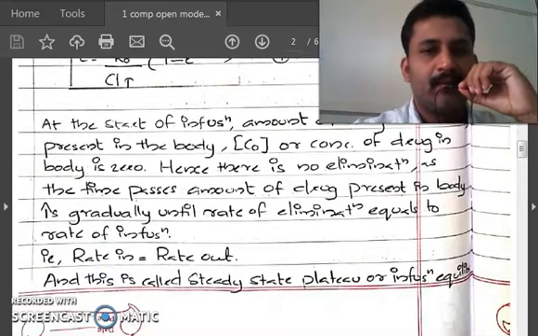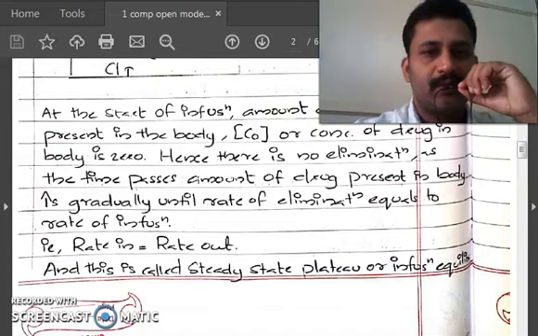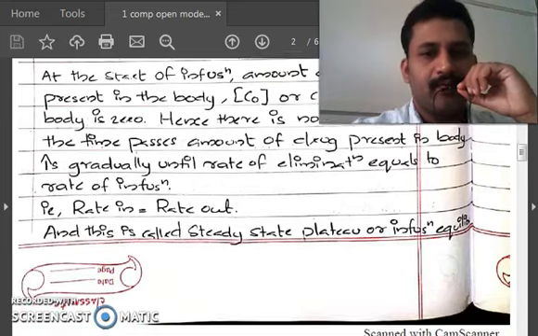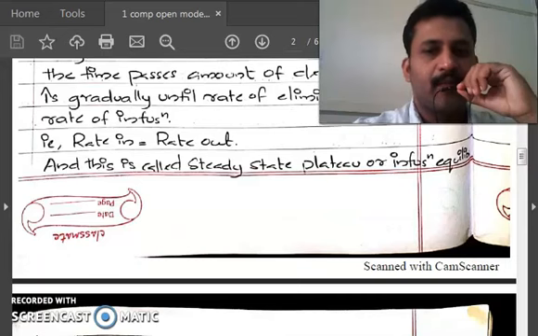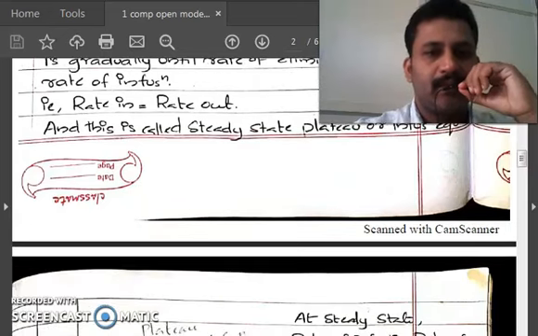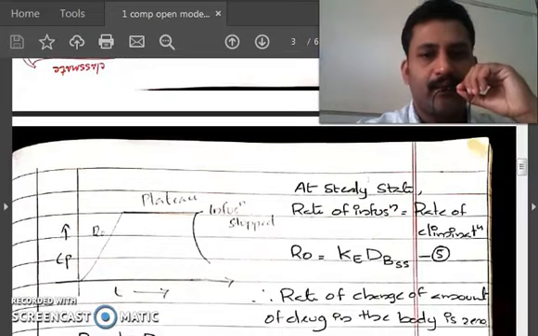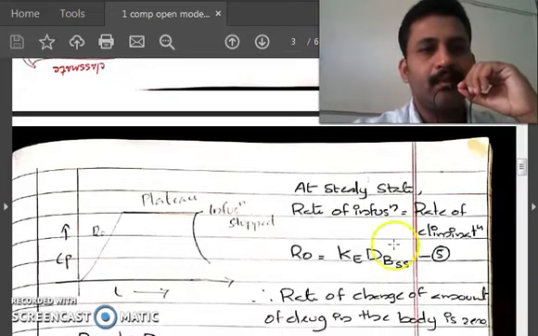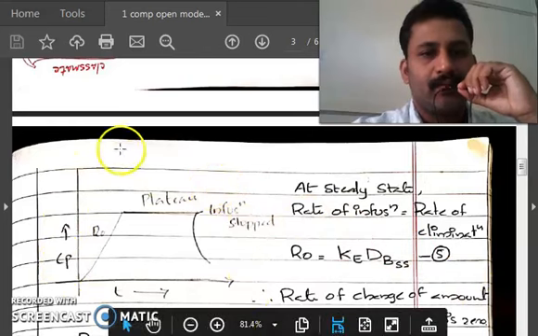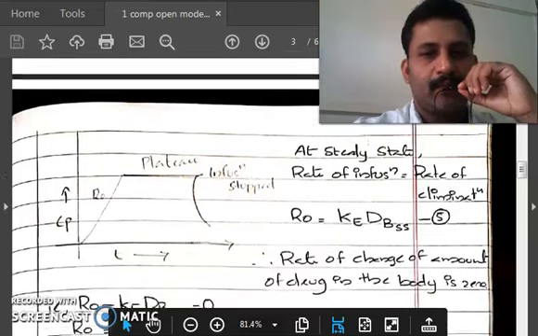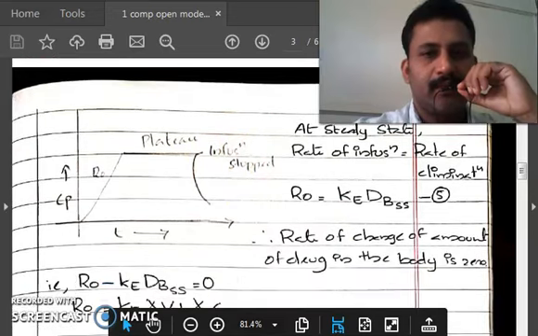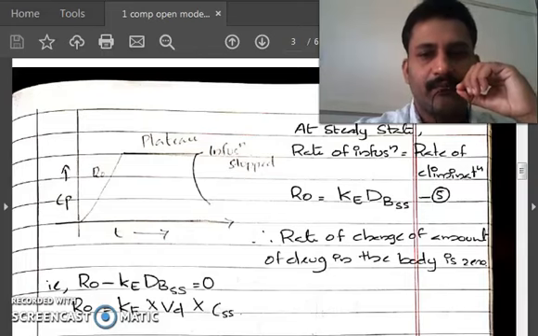Then we have explained that at the start of infusion the drug concentration will be 0, and as time passes, the amount of drug present in the body increases until the rate of elimination equals the rate in, that is the rate of absorption. That is, at steady state we have rate in equal to rate out. Then we derived an equation, and the graph is also plotted. We explained that at steady state, the rate of infusion is equal to the rate of elimination.